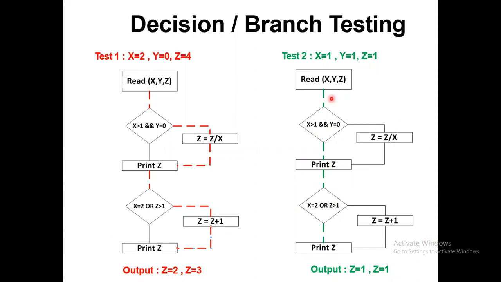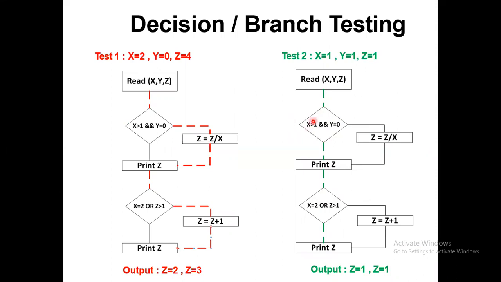So how we are going to do this is, we basically enter values to this particular decision point and this particular decision point that could give a false value.